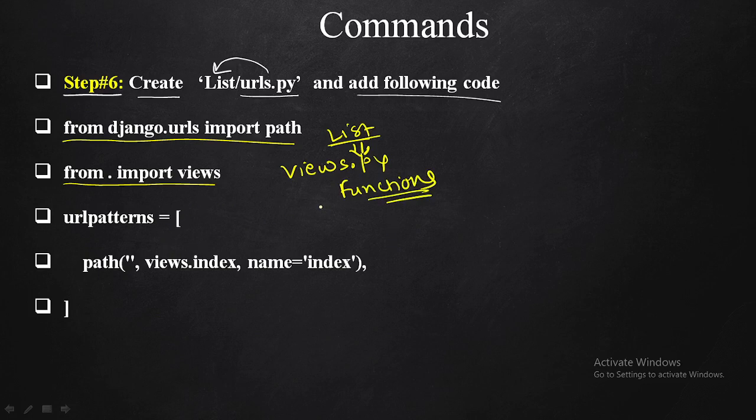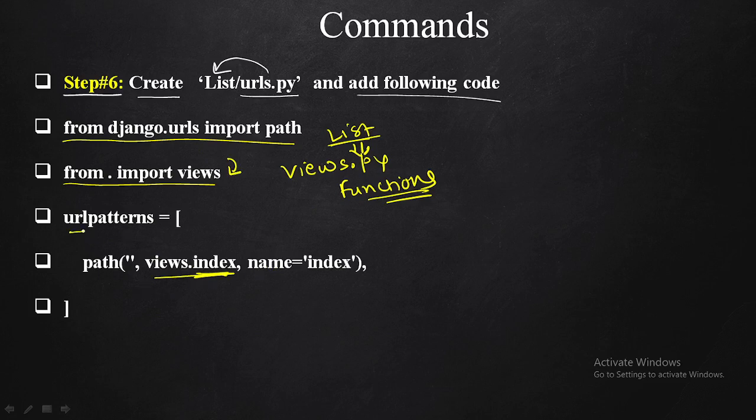And when the user enters a particular URL, then one of the functions should be called. That function is the index function. In views.py we are going to define the index function, and that function we are calling over here. For that purpose we are importing views over here.